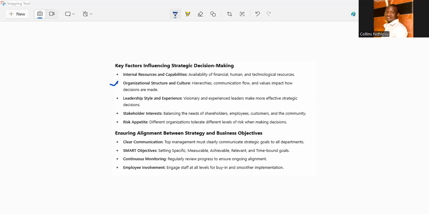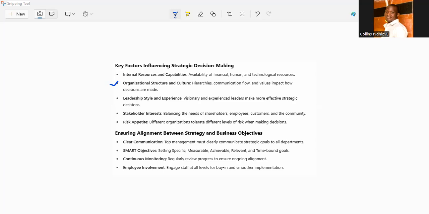Shareholders may focus on maximizing profits, while employees may focus on job security or better work conditions. Customers, on the other hand, may want lower prices, and suppliers will want long-term contracts. So effective decision making requires considering the interests of all these stakeholders, balancing and supporting each of them.